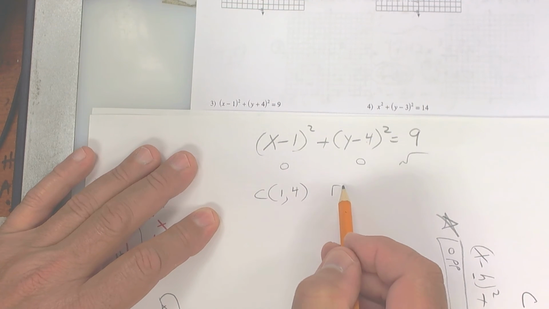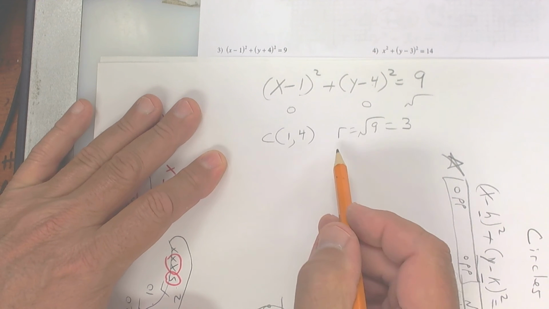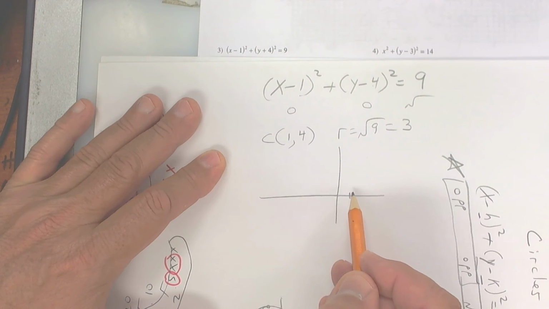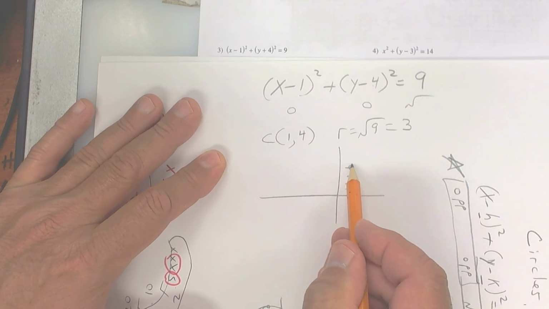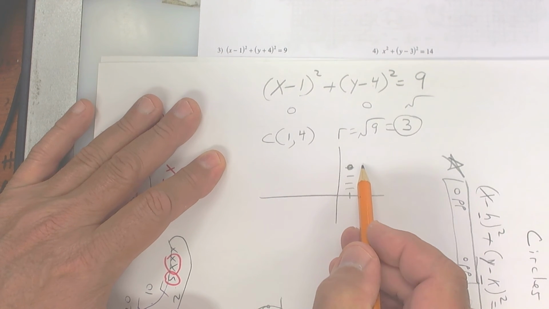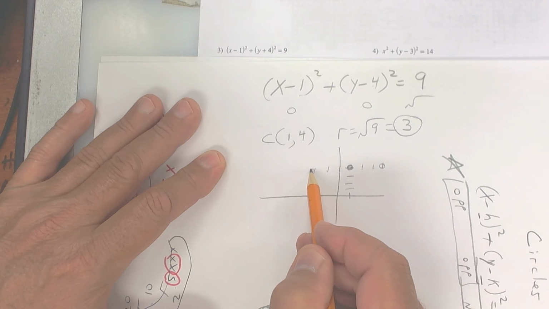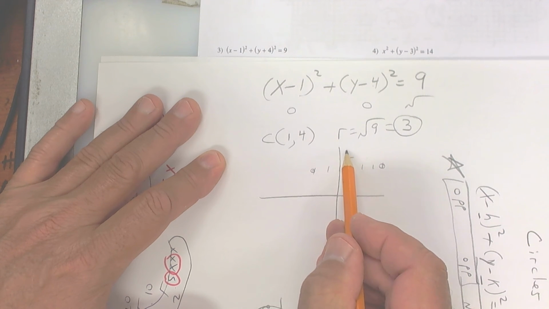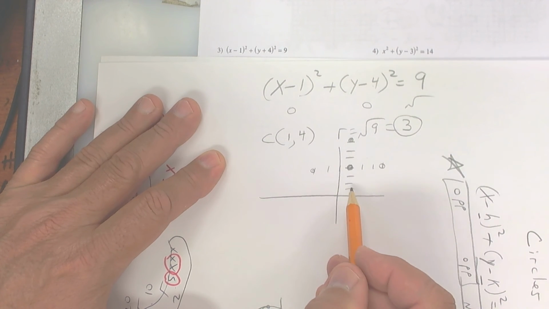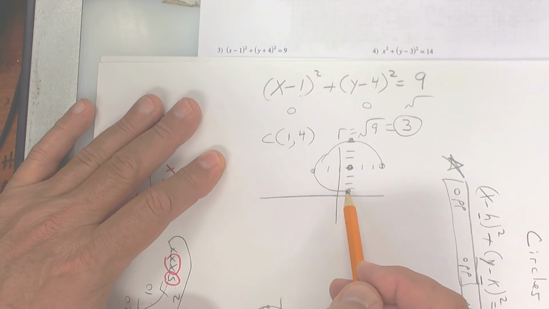And the radius is going to be the square root of 9, which equals 3. So you're going to go over 1, up 4. Put a dot. Then from that point, you're going to go to the right 3. You're going to go to the left 3. You're going to go up 3. And you're going to go down 3. And then you're going to connect them and make a circle.